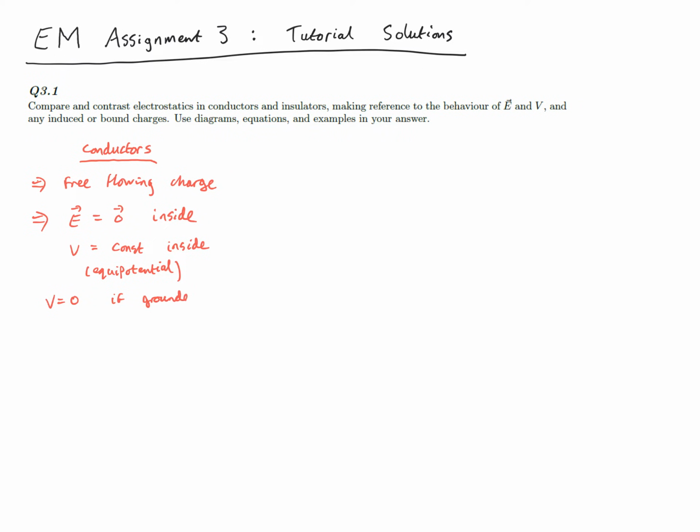If you connect your metal to ground, then that's basically equivalent to saying let's set the potential not just equal to any old constant, but equal to 0. This is all slightly a matter of taste because, as you know, the potential is only defined up to a constant. So whatever constant it was, we could set that to be the reference point for our potential. But by convention, if it's grounded, then we set that constant to 0.